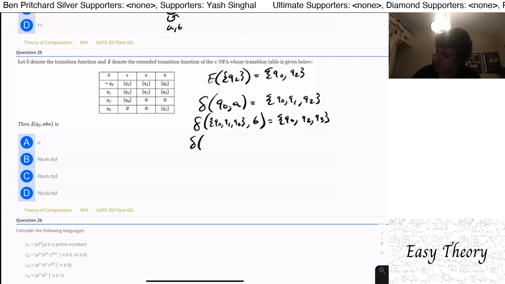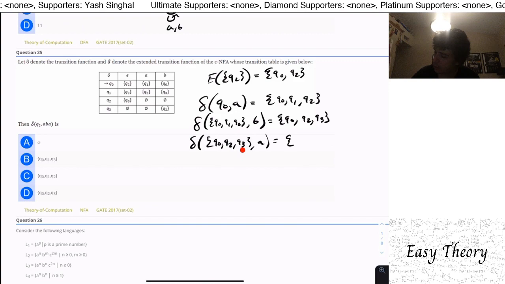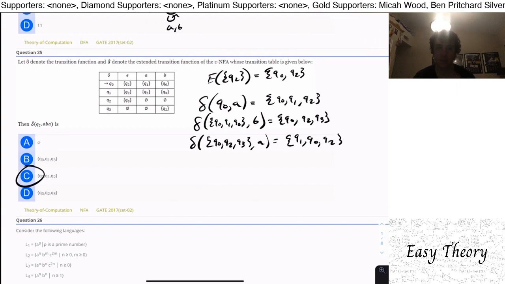Then delta of Q0, Q2, Q3 on input A. Q2 does nothing, Q3 does nothing because there's nothing here for A. Q0 on A goes to Q1, but that will include Q0 and Q2. So I'm going to go with C on that one. Yes, good.